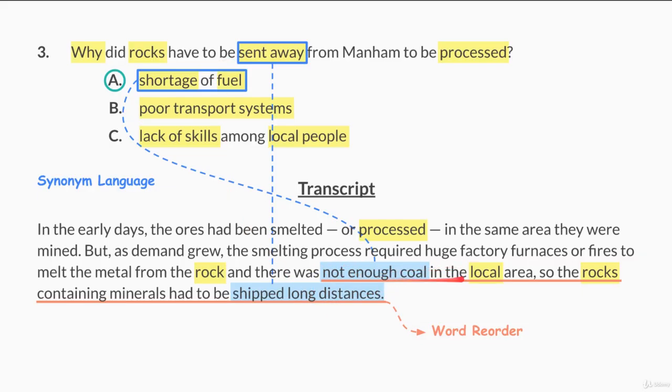First it says that because there was not enough coal, the minerals had to be shipped away, or the rocks had to be shipped away. So over here, first we have the question, why, and then the answer, which is the reason. But over here, we have the reason first, and then the why part comes later on in the sentence. But if you understand what the sentence is really talking about, if you comprehend the meaning, then this should not be a big deal. Okay?